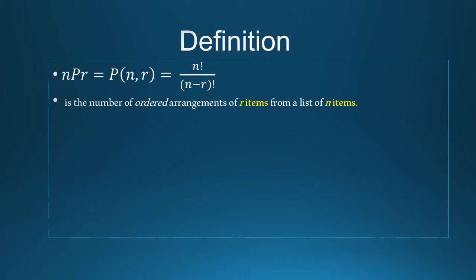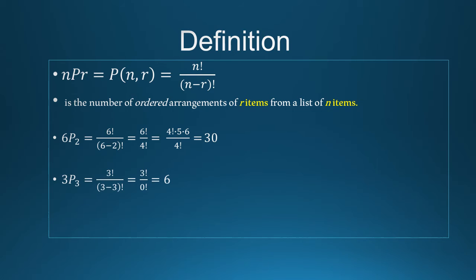So it's the number of arrangements of r items from n items where order matters. So let's see examples. 6P2, we're using the formula. It's the same as 6 factorial over 4 factorial, that's 30. 3P3 is the same as 6. And 4P0 is the same as 1.